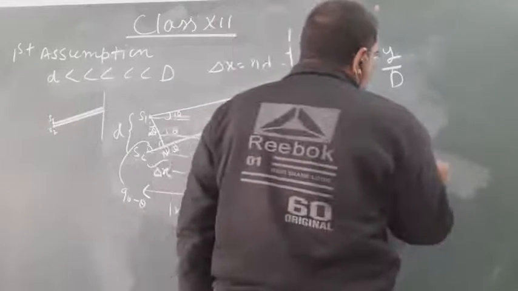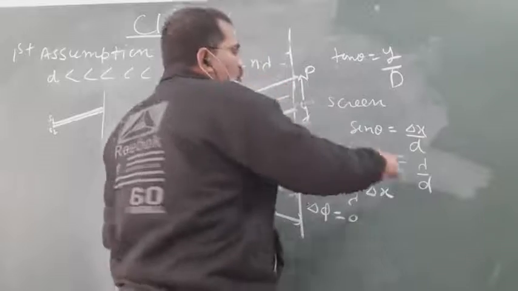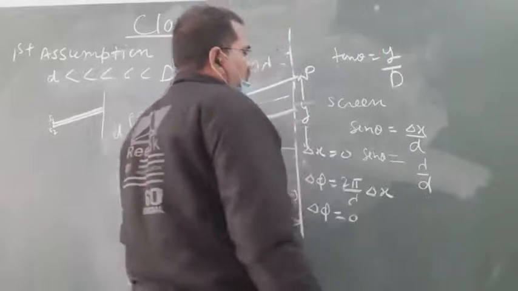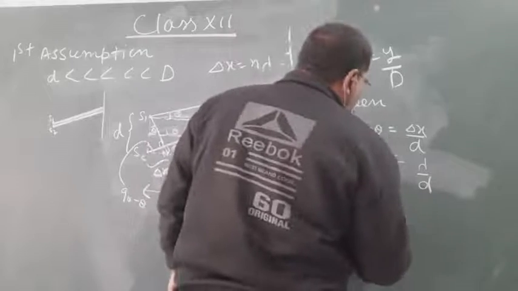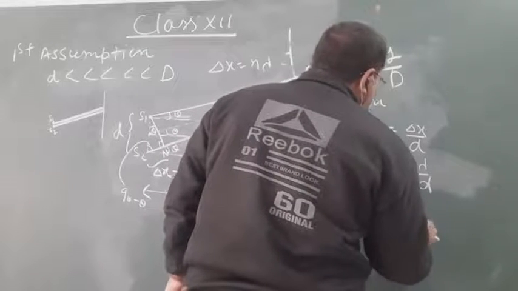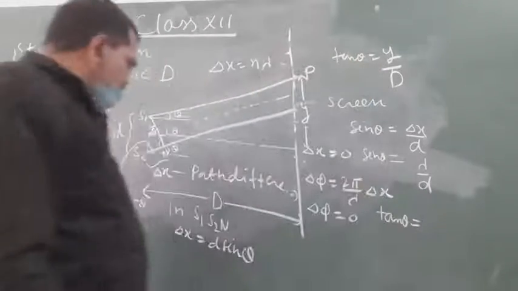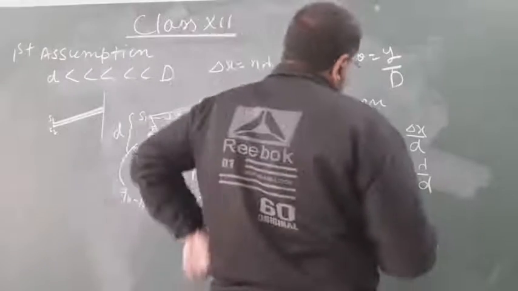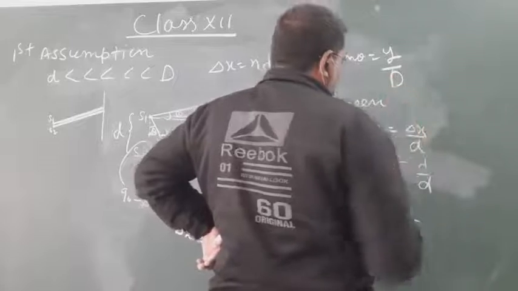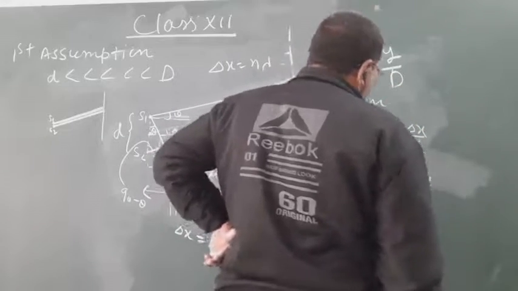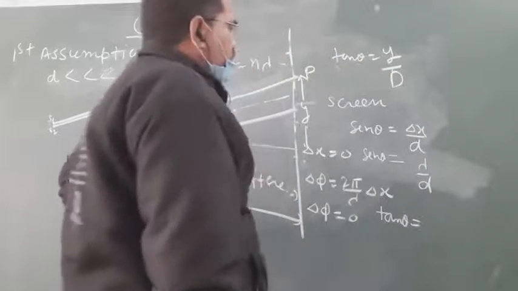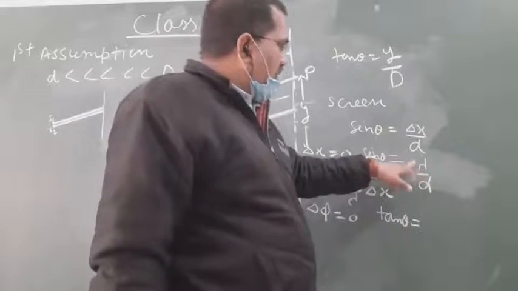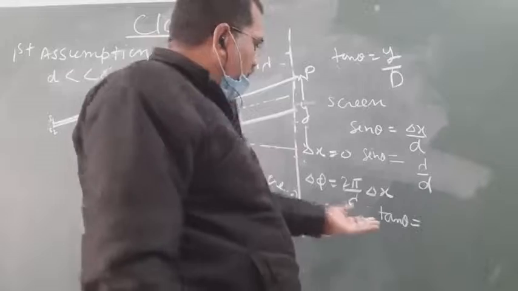Sin theta equal to lambda by d. We know lambda, we know d, so we will get tan theta also. Tan theta equal to y by d, so y equal to d tan theta. Sin theta we will get as lambda by d. So you also find tan theta.